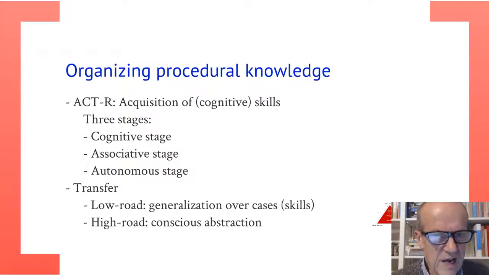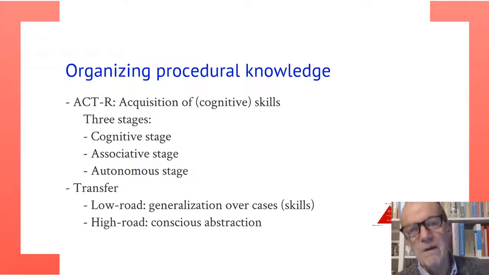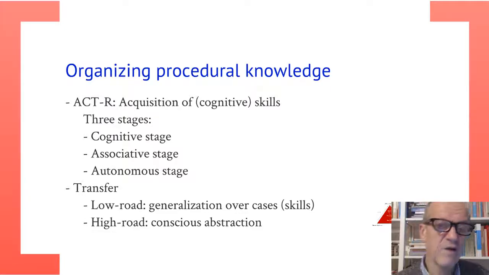The third stage is the autonomous stage, which is a stage in which you start to improve your performance also under difficult conditions. So first you play the piece at home without any audience, and then you gradually start to increase the level of difficulty of the conditions by inviting your friends, perhaps, or by even moving toward a concert hall where you perform the piece.